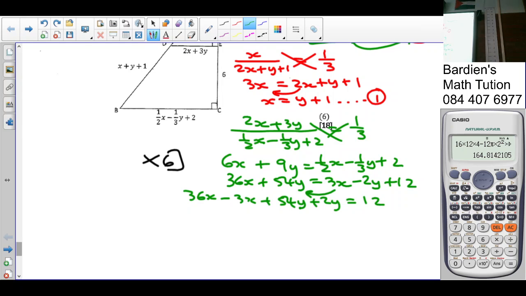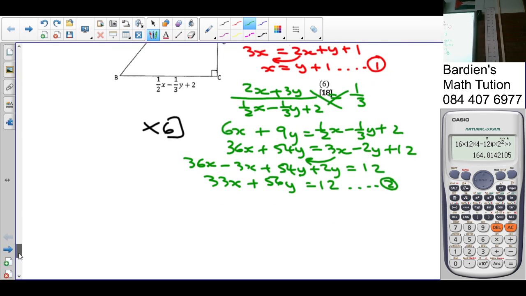I could have brought x's one side and numbers the other side, doesn't matter. I'm just simplifying it a bit so that I can substitute equation 1 into this equation. That's what I'm doing, okay? So that's going to give you 33x plus 56y equals 12. And this is equation 2.